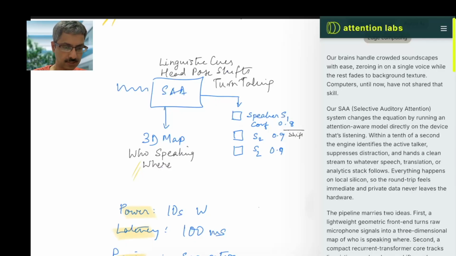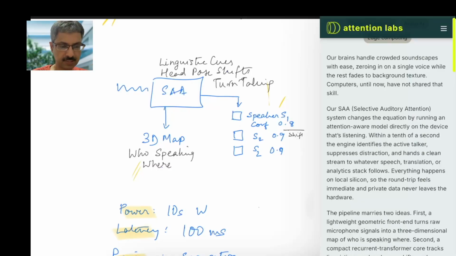The output here is the speaker with the confidence value. In the beginning speaker S1 is the central speaker, the active speaker, and the output chunks are annotated by that.